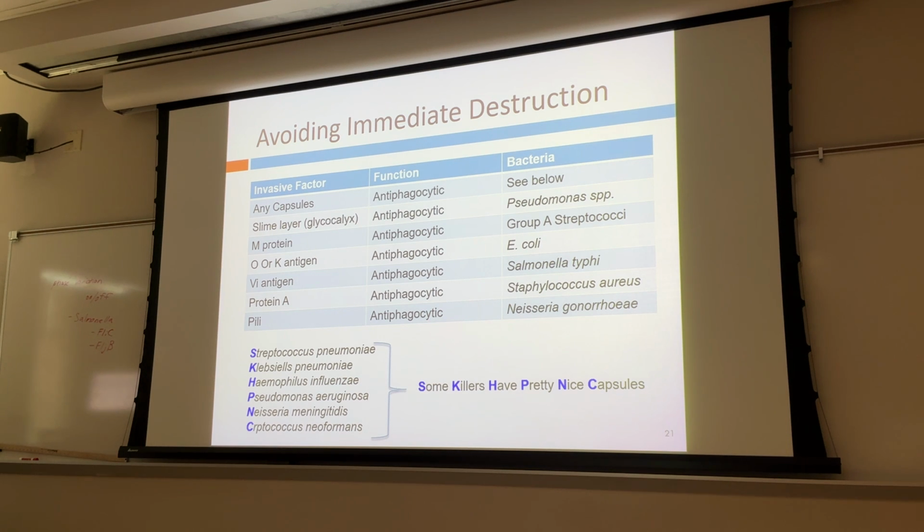Your immune system might not recognize these group A strep because they express these M proteins, which essentially make the streptococci look like your cells to some extent. So your immune response doesn't protect against them. That can also help them evade being phagocytosed because they're not recognized as foreign. E. coli can make O or K antigens.